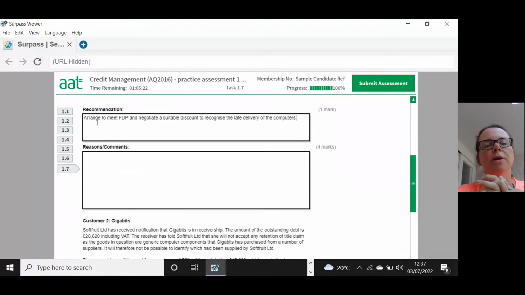It's only asking for one recommendation. Again, I'm looking at their suggested answer to see where the marks would be. They have said it would be preferable to meet with FDP and negotiate some kind of discount for the problems and inconvenience caused. 1 mark. That's all you need. Right, and then your reasons and comments.